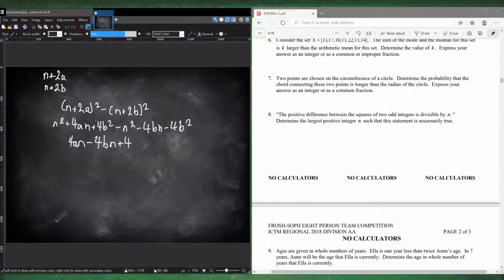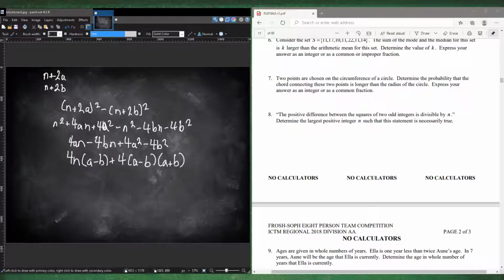And then 4a squared minus 4b squared, right? And then now we could distribute out 4n from these two terms, which gives us a minus b. And then from here, we distribute out 4, and then a squared minus b squared. And a squared minus b squared is just a minus b times a plus b.